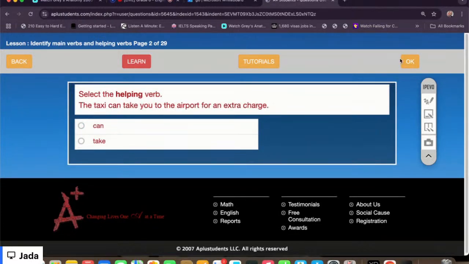So, here, what's the helping verb? The taxi can take you to the airport for an extra charge. What is the helping verb here?